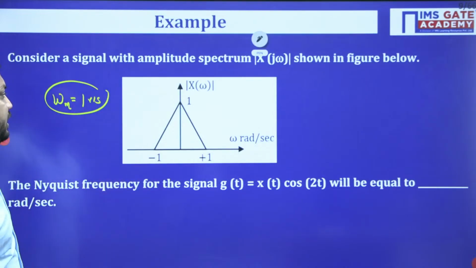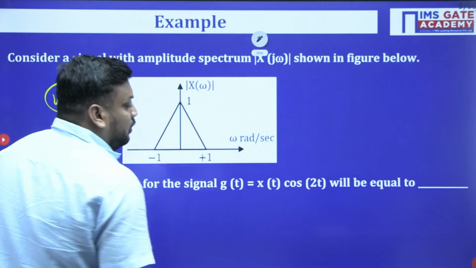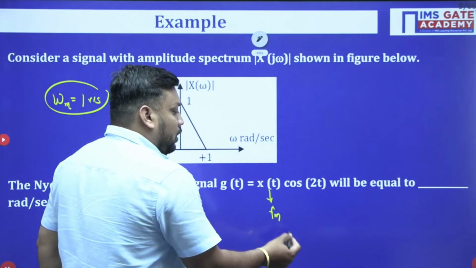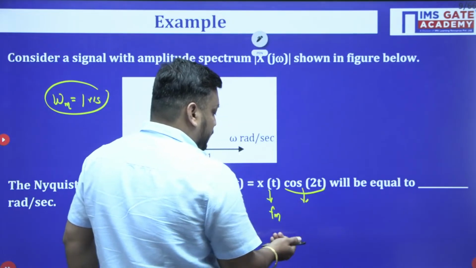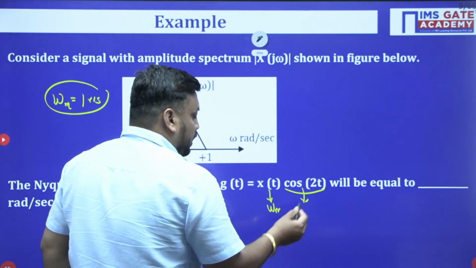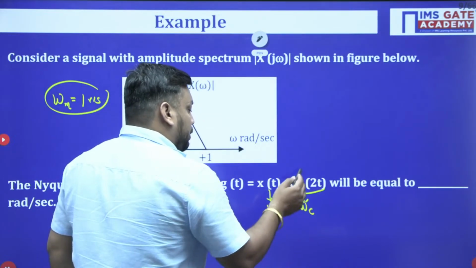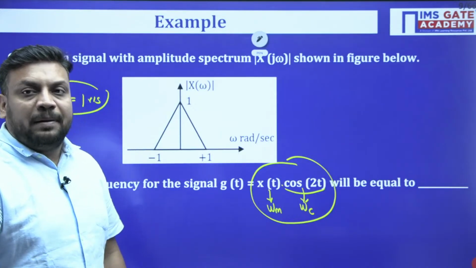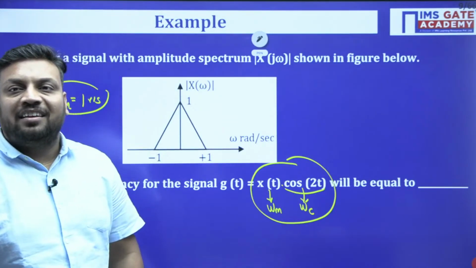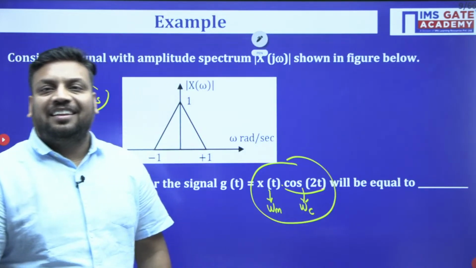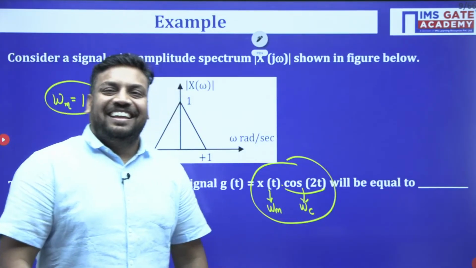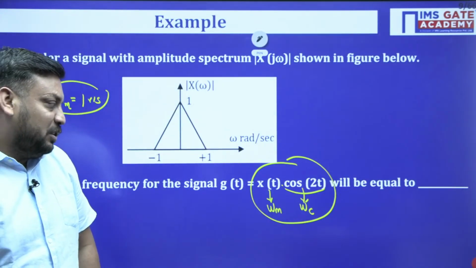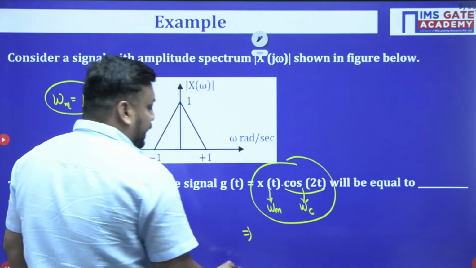For this signal g(t) equal to x(t) times cos 2t, tell me, if x(t) has a maximum frequency omega m and cos 2t has a maximum frequency omega c, but because two signals are multiplied in the time domain, yes, correct. So tell me, omega m plus omega c.